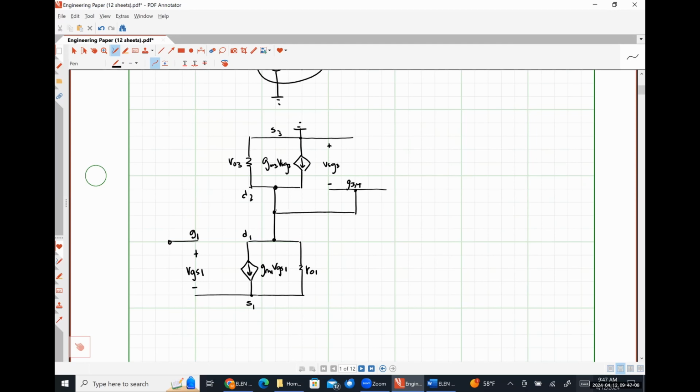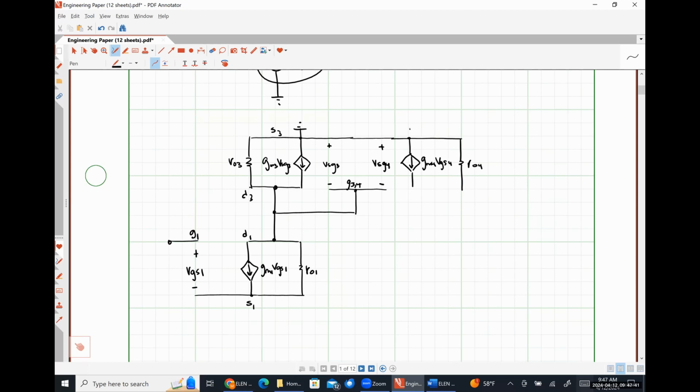And now I'm going to work on the right-hand side of my circuit. Right? So here we would have VSG4, GM4, VSG4 in parallel with R0.